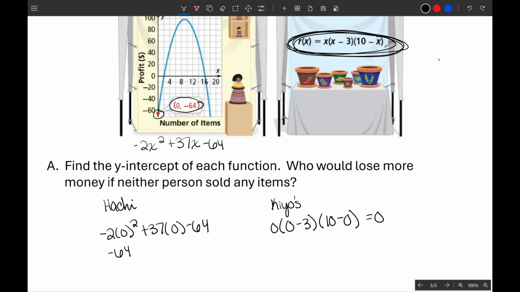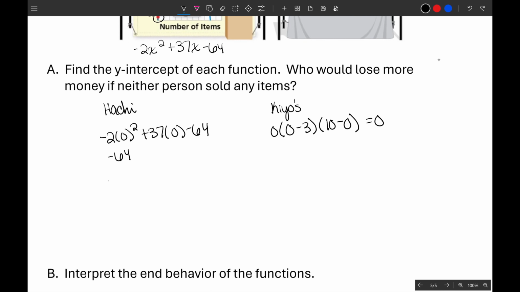So if I sell no flower pots, I lose no money. That just means he has no startup costs. Okay, he hasn't spent any money to make the money. So the person who would lose the most would be Hatchie. Hatchie will lose $64 if they do not sell any dolls.